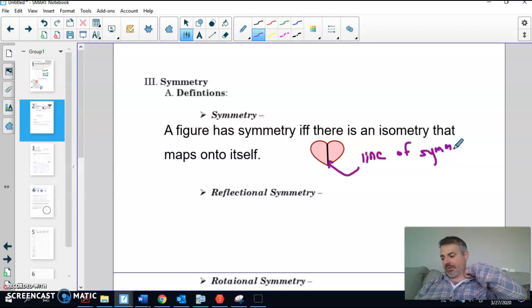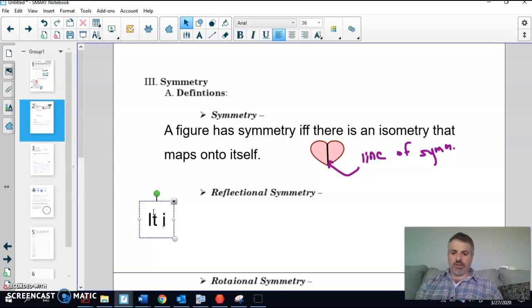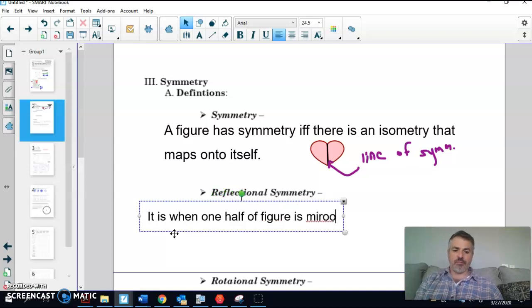All right, so there's a couple different types of symmetry. Reflectional symmetry, that's what I just showed you on the heart right here. If I had to define reflectional symmetry, it is when one half of a figure is a mirror image of the other.